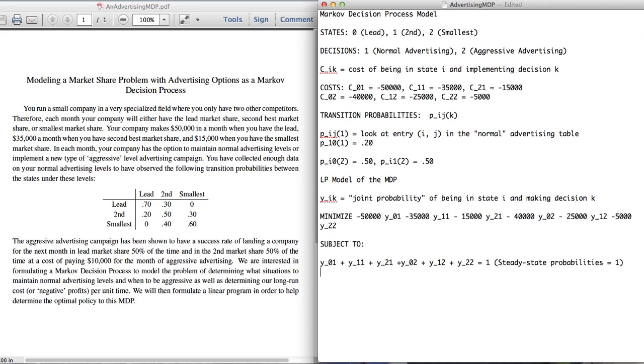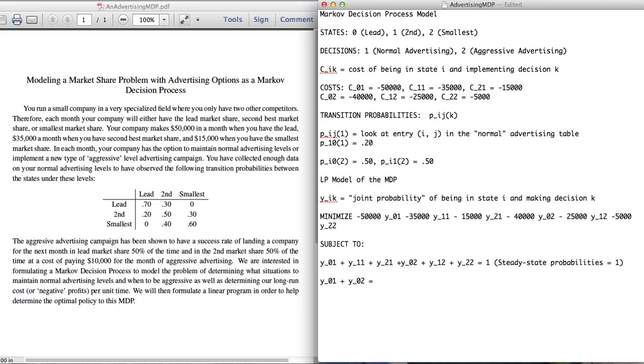On the left-hand side, pi_i is the percentage of time we're in state i, or the probability of being in state i. In this case, we don't have a pi_i, but we can get it by adding up the y's associated with that state. So for state 0, y01 plus y02 gives us the probability of being in state 0.